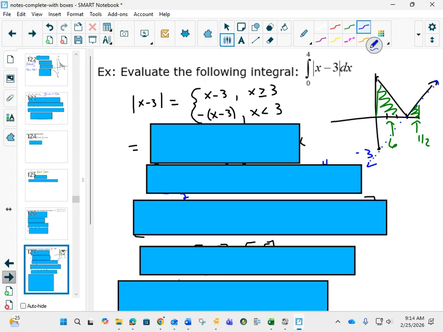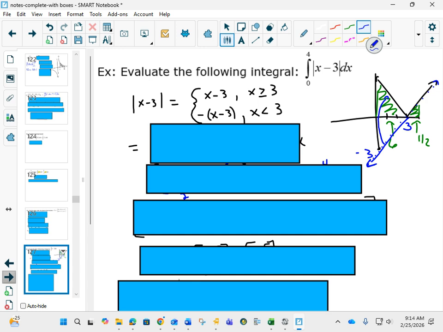What did the absolute value do? It took this bottom part and flipped it over the x-axis. Flipping something over the x-axis is putting a negative out in front of the function. So the part to the right of 3 stayed the same. The part to the left of 3, you had to flip up, and this creates your piecewise function.